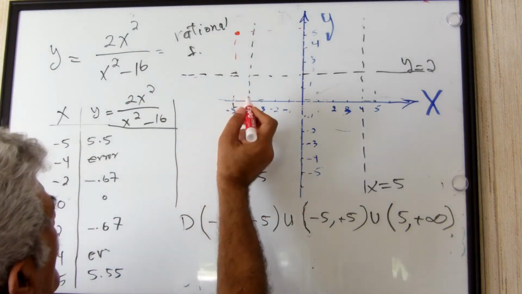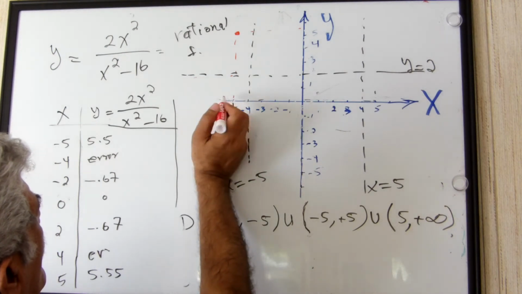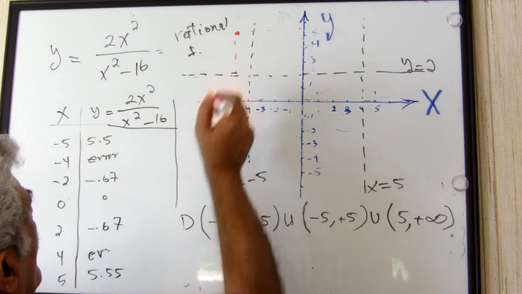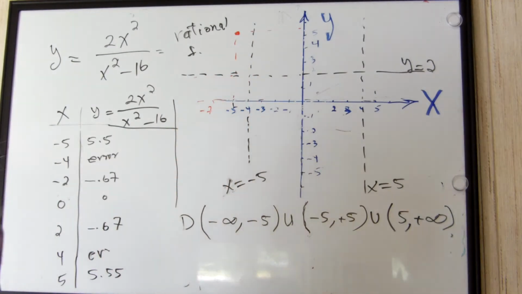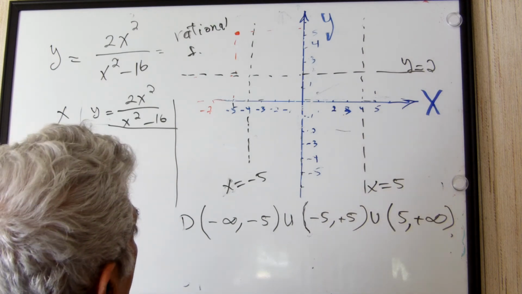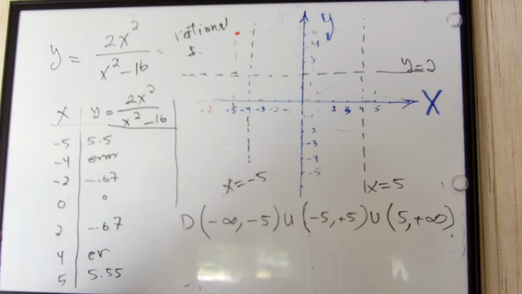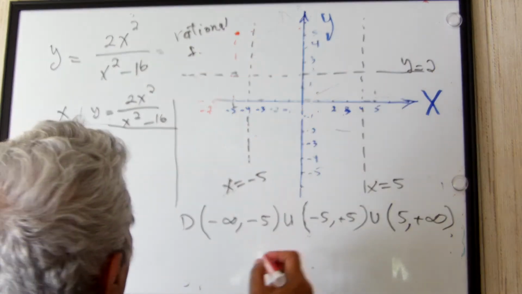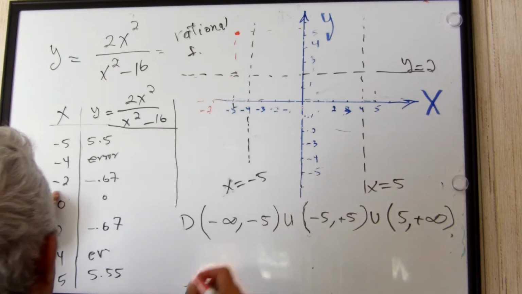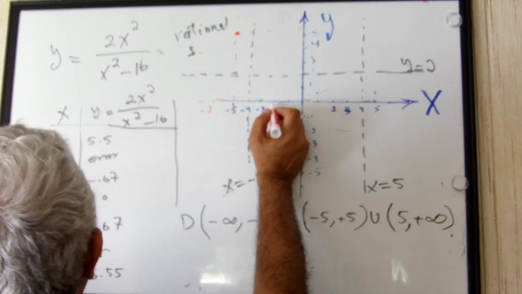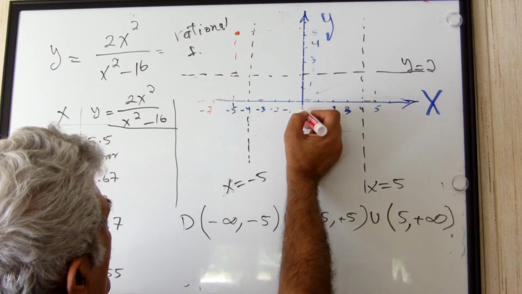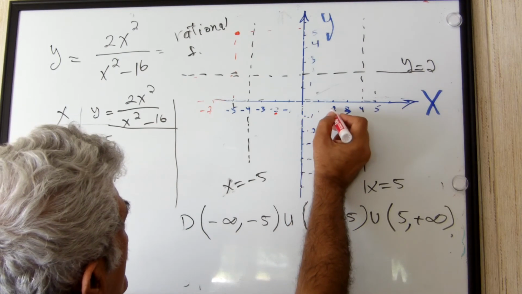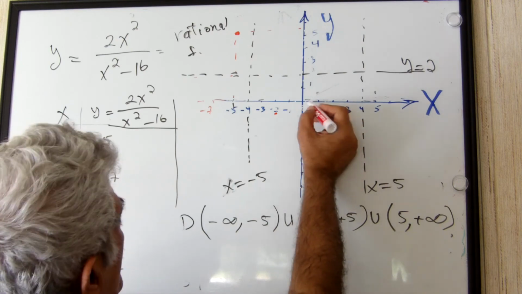If x is minus 2, it's going to be minus 0.67, somewhere here. And then when it's 2, it's going to be minus 0.67 here. When it's 0, it's 0.